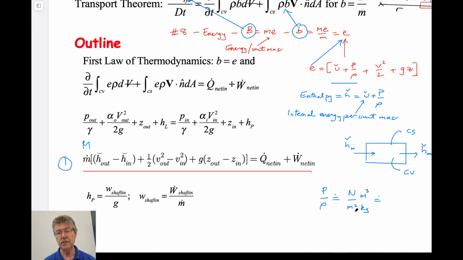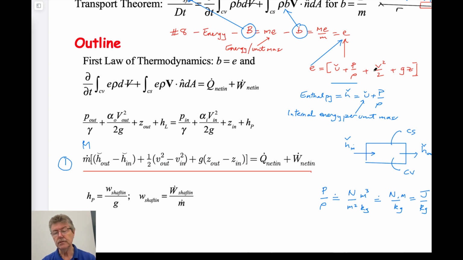And so the units are going to be newton meters per kilogram. And so that's the same. A newton meter is a joule by definition. And that's a unit of energy per unit mass, right? Joules per kilogram by definition is that. It's kind of strange that it also is equal to this.